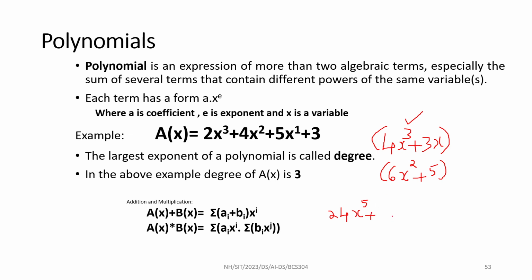This term with this one, 20 x cube plus this term with this one. 3 into 6 is 18 x cube plus 3 into 5, 15 x. This is the result after multiplying two polynomials. While multiplying, multiply coefficients and the powers. You have to repeat it for all the terms. This is the result after multiplication. These two major operations you can perform.